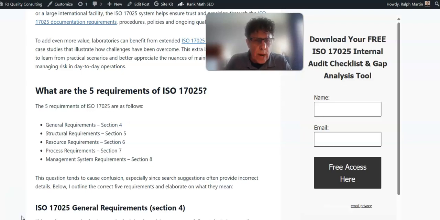Within these requirements, there are several different types of documentation requirements. For example, in some of the clause elements of the standard, there is a requirement for a procedure. In other clause elements, there's a requirement for some sort of document or objective evidence that the lab meets the requirements of that particular section.